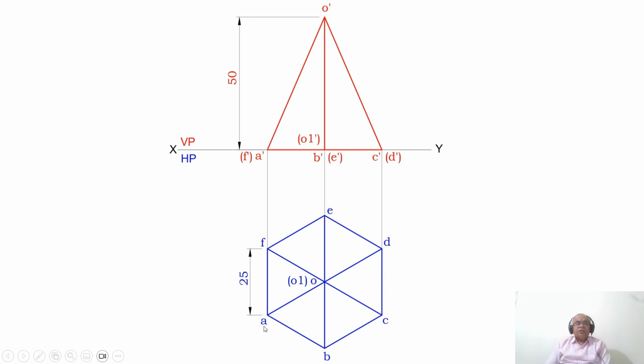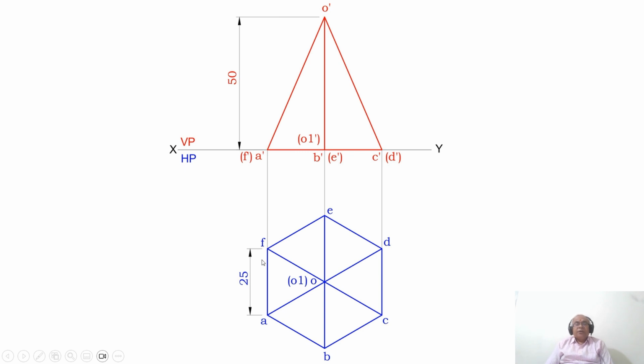Mark those points as A, B, C, D, E, F. Then join A to D, B to E and F to C. The lines joining opposite corners are the diagonals of the hexagon. Once you do that, you get an intersection point and mark that point as O and O1, and mark all these lines with a dark line.